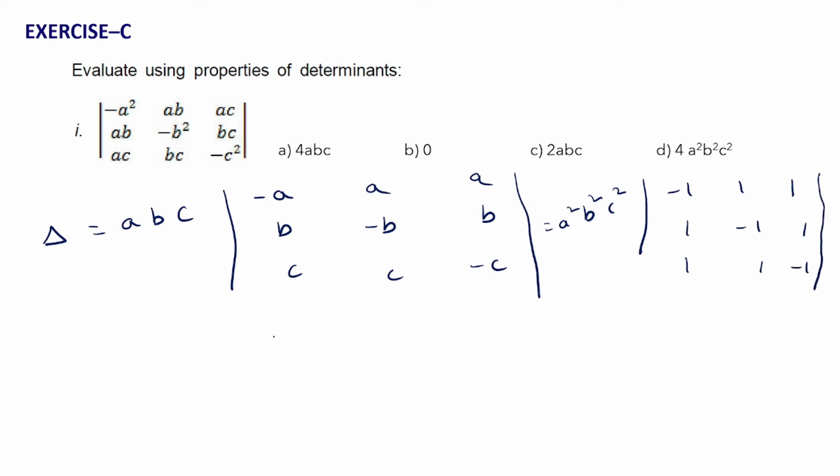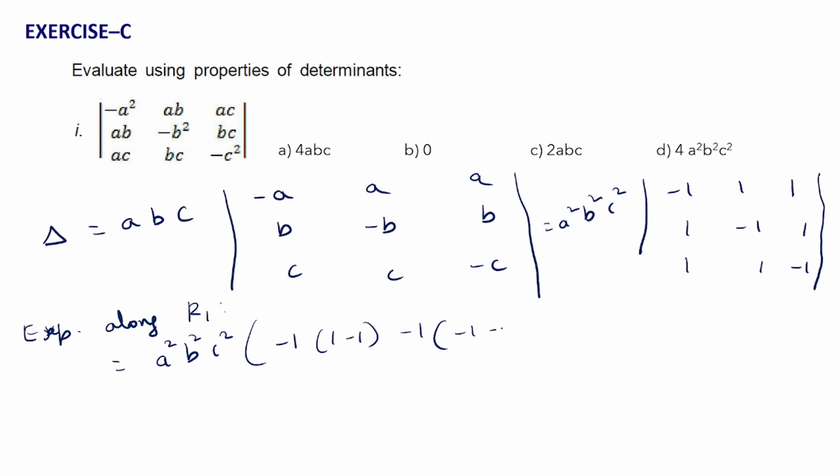Now we can find the value of the determinant very easily. So let us expand along R1 itself. Expanding along R1, it is equal to a square, b square, c square into minus 1 into (1 minus 1), then minus 1 into (minus 1 minus 1), plus 1 into (1 plus 1).